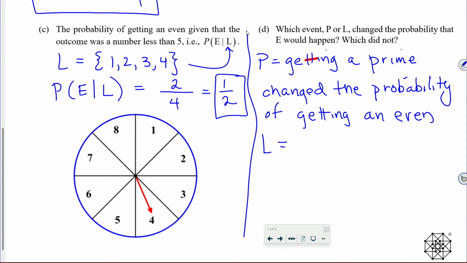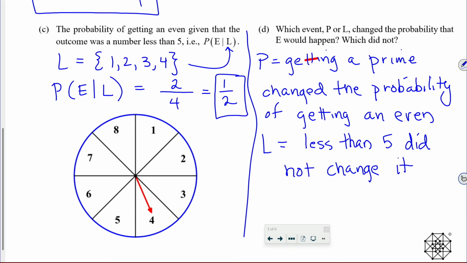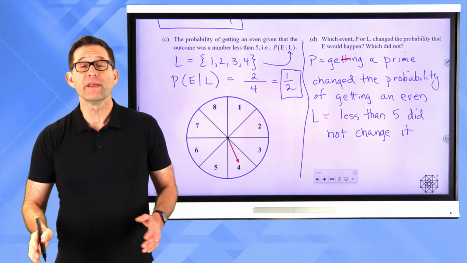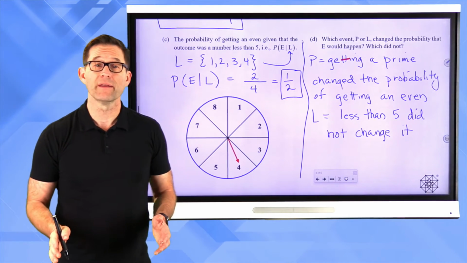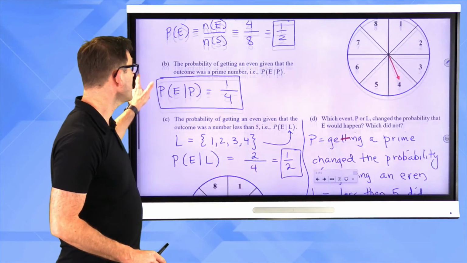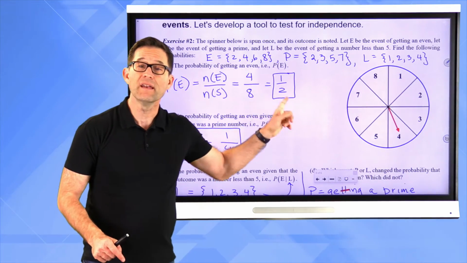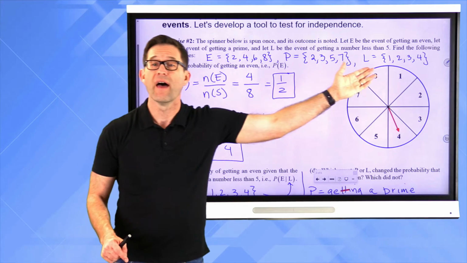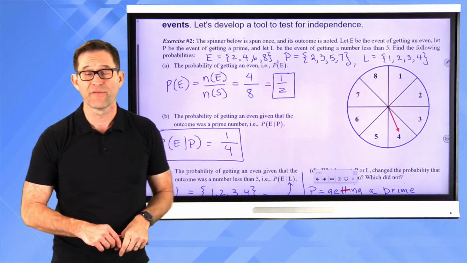L, right, less than 5, did not change it. And that really is the crux of independence, right? That means that getting an even is independent of the event L, getting a number less than 5.